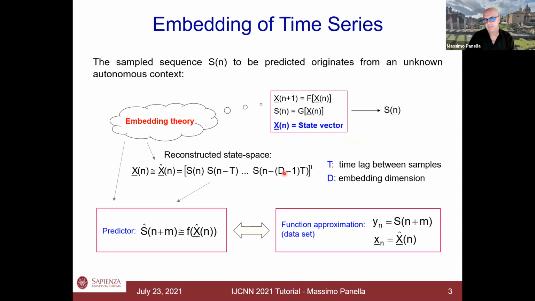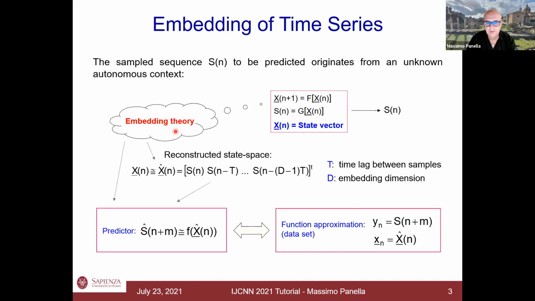So, just a few words regarding the embedding theory, where we have in general a nonlinear oscillator or nonlinear system which produces the observed time series based on an internal state and two nonlinear functions in general. This is represented in the discrete-time domain.